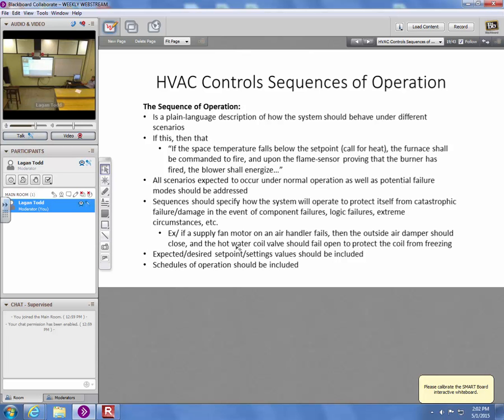The simplest way is an end switch, which is usually not a mercury switch anymore, I think, but some kind of gas canister with a little ball in it that can fall to one side and close a contact, just based on its position relative to gravity. But to be able to tell the system, hey, I know you tried to close the outside air damper, but it's still open, then go into a frost protection mode.